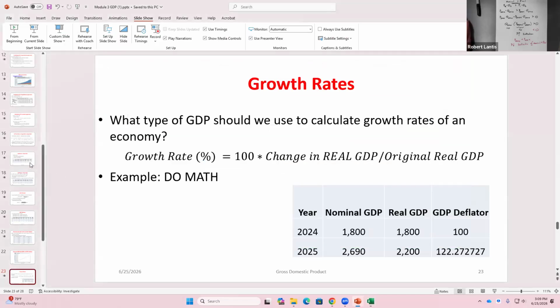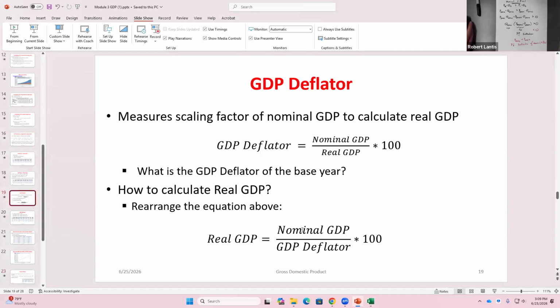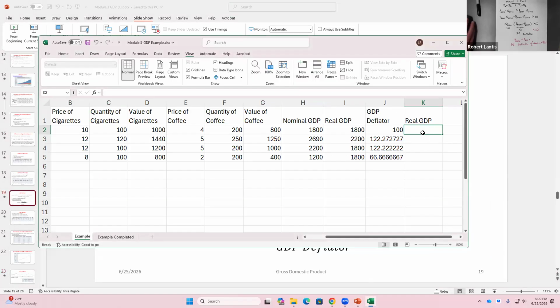Well, if we go back to our equation, real GDP is my nominal GDP divided by my GDP deflator. So I would take my nominal GDP divided by my GDP deflator.